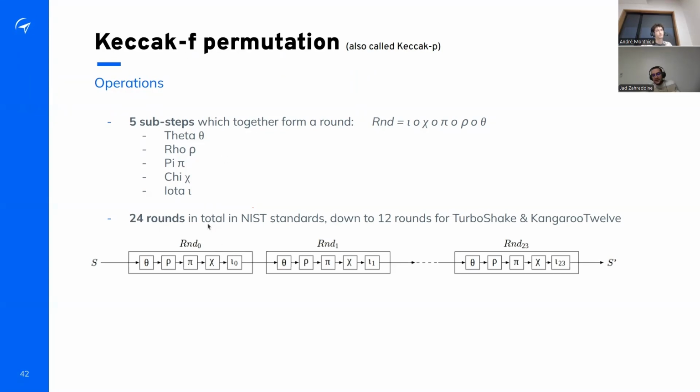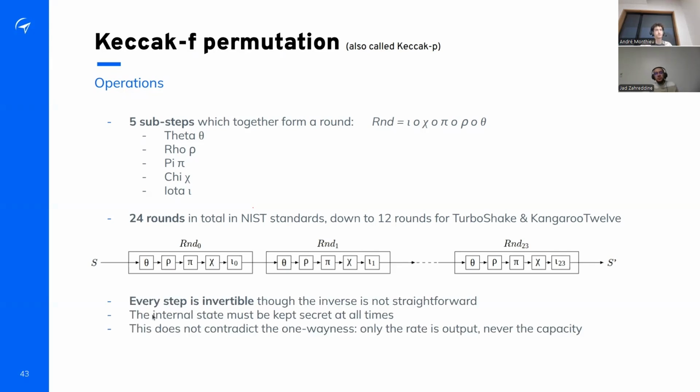But as we said, in 2025 there has been an RFC on TurboSHAKE and KangarooTwelve, which are variants bringing down the rounds from 24 to 12 rounds, because much cryptanalytic effort had been done, but no one had been able to break SHA-3 Keccak from any round near 12 rounds, and here we gain in efficiency.